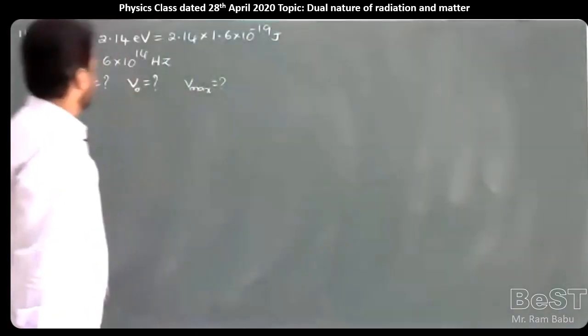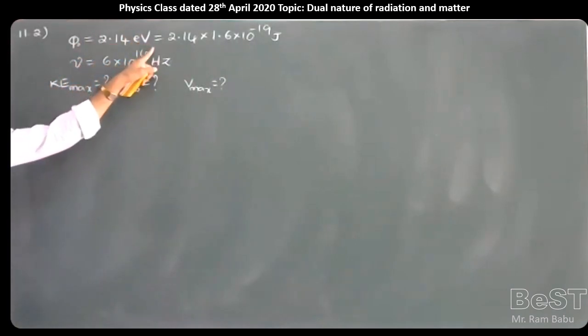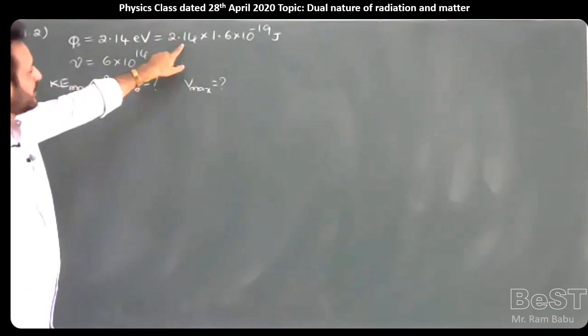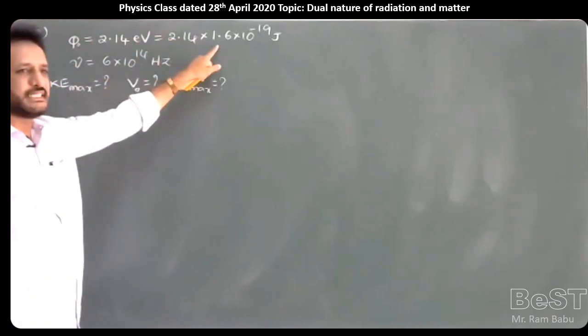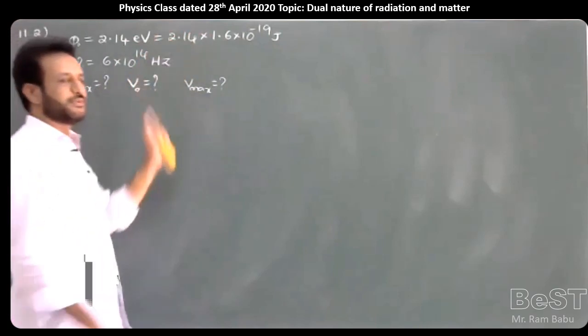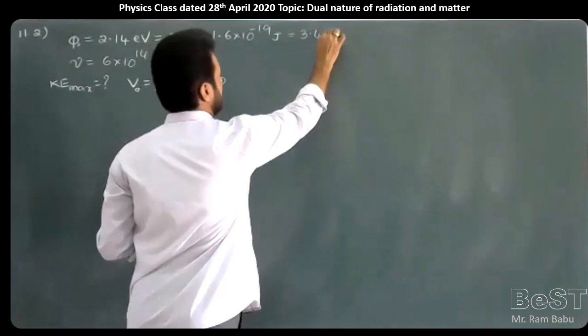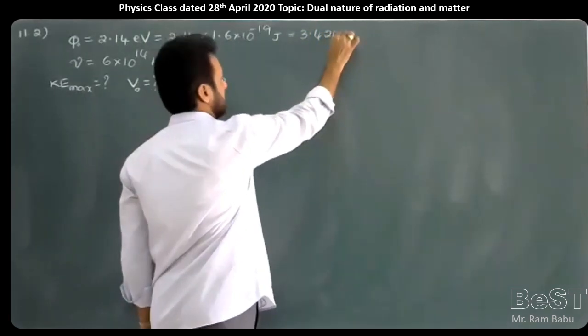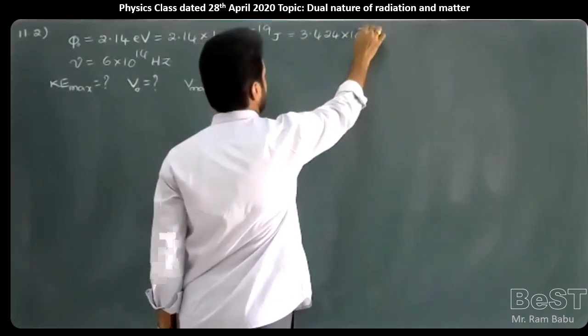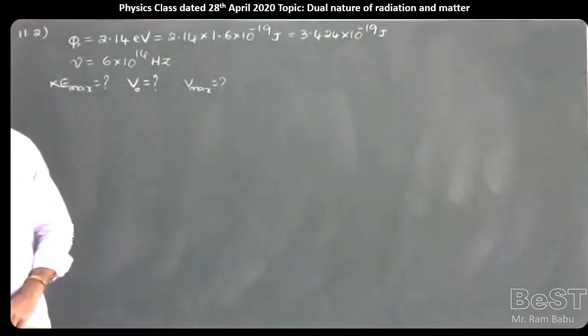Phi naught is equal to 2.14 electron volt, that equals 2.14 into 1.6 into 10 power minus 19. If you multiply these two, 2.14 into 1.6, we get 3.424 into 10 power minus 19 joule. Now we converted electron volt into joule.